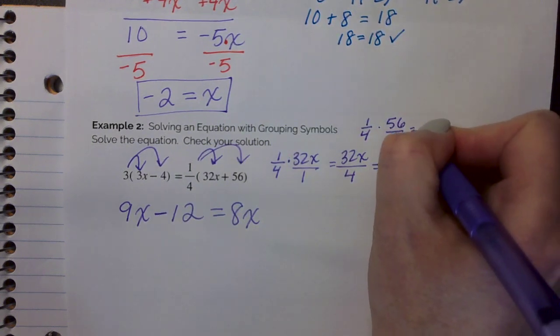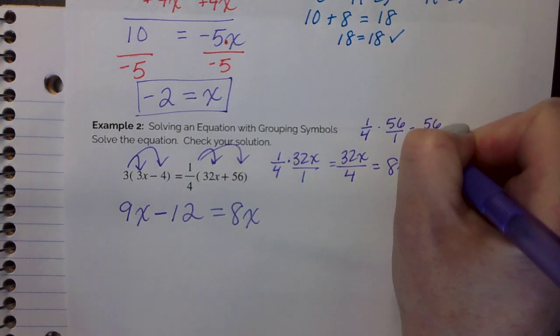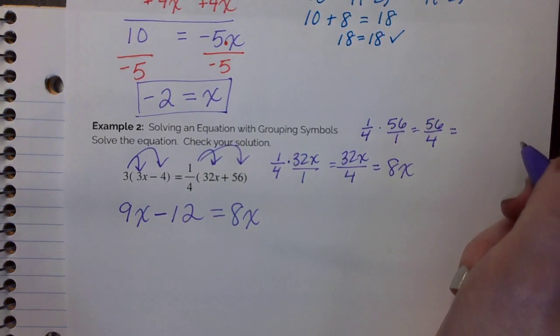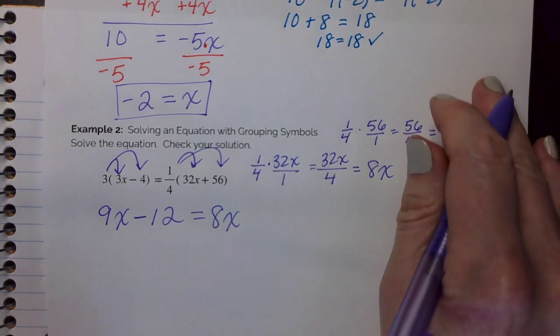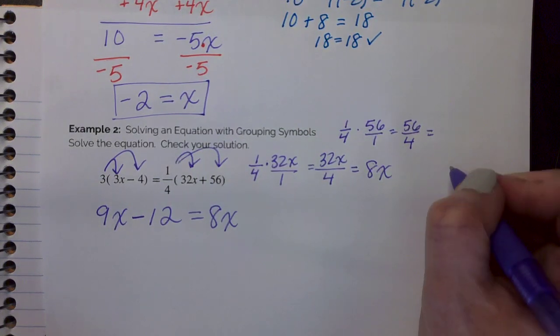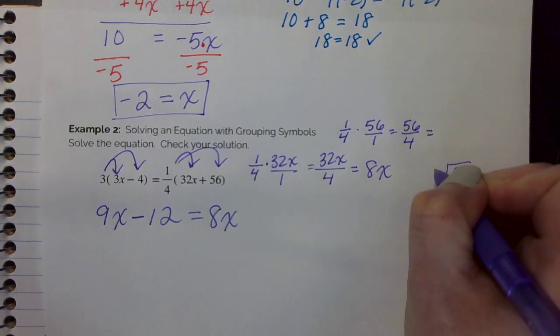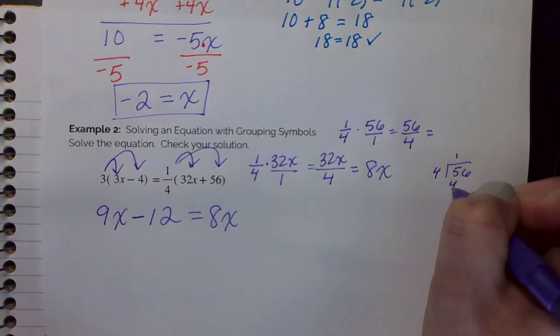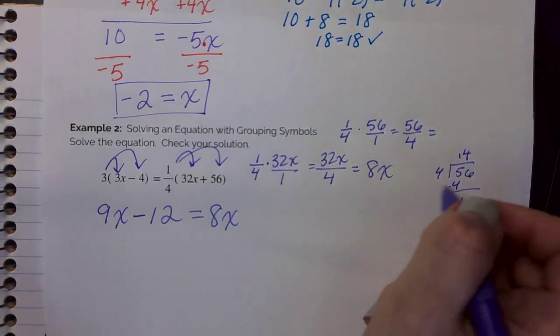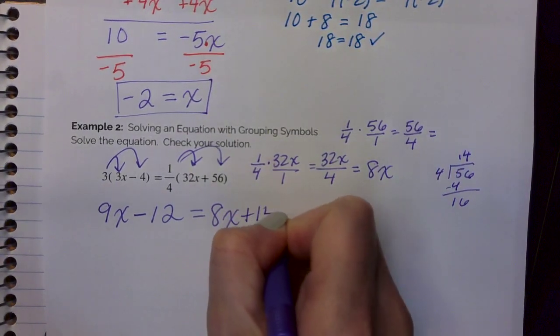This is over 1, so this is 56 over 4. I would need to do this with long division or a calculator. I don't happen to know how many times 4 goes into 56, so let me go 56 divided by 4. 14, and I end up with positive 14.